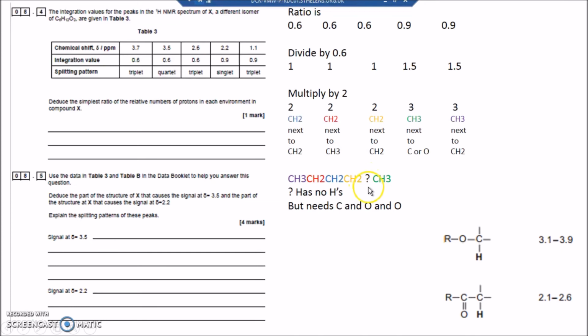And this one here, this question mark, doesn't have any H's in there. I think I've accounted for all the H's. 12 H's: 1, 2, 3, 4, 5, 6, 7, 8, 9, 10, 11, 12. Yes, this has no H's in it, and I know that because this CH3 is next to a C or an O with no H's because it's given a singlet.